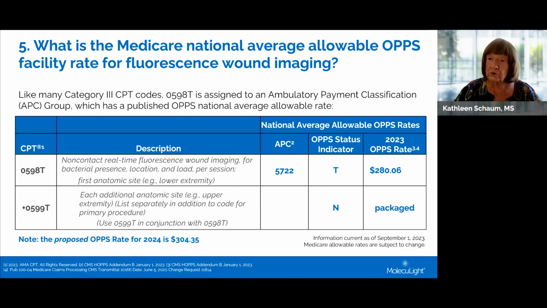And for 2023, 0598T is assigned to APC group 5722. It has an OPPS status indicator of T, and it has a published national average allowable OPPS rate of $280.06.